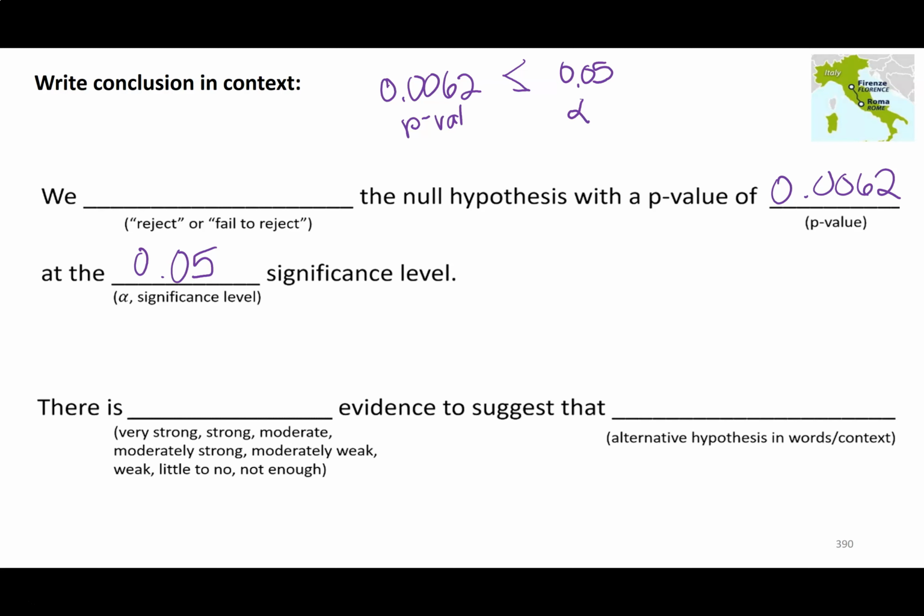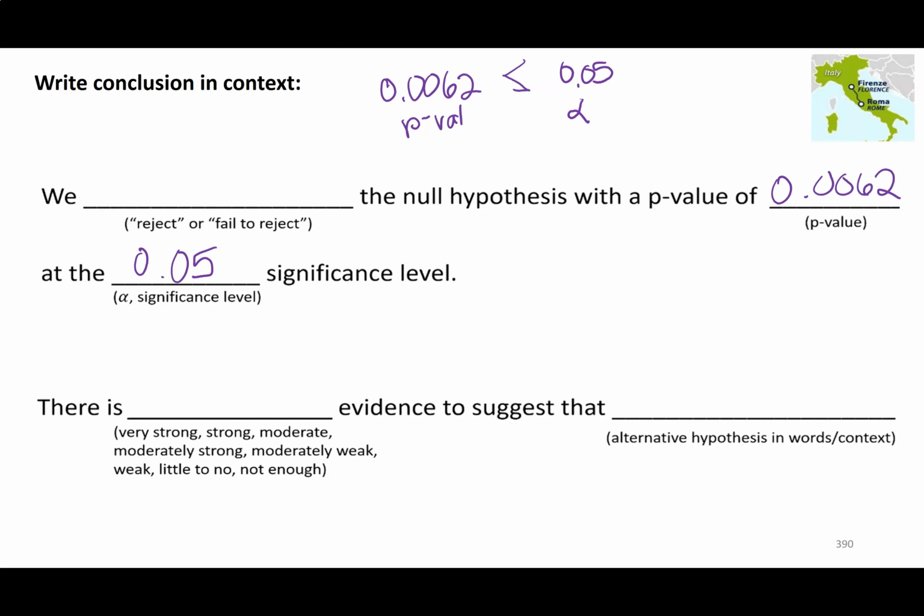So what this translates to is, if the train company were really right and the average is 94 minutes as claimed, the probability that I took a random sample of 25 or more and got 99 minutes or longer, if what they said is true, only happens about 0.62% of the time, so less than 1% of the time.